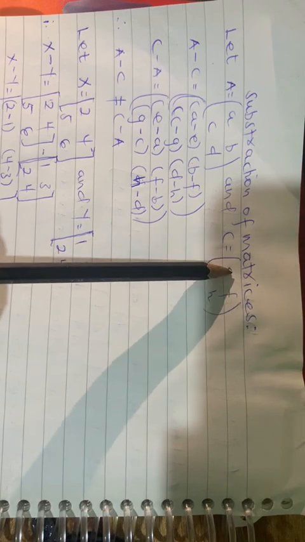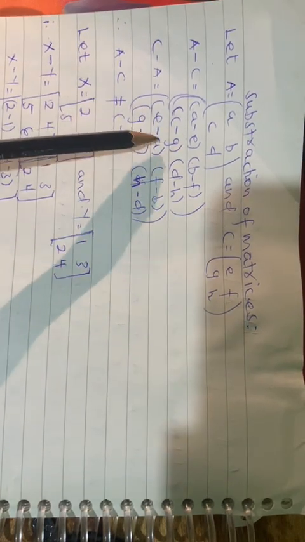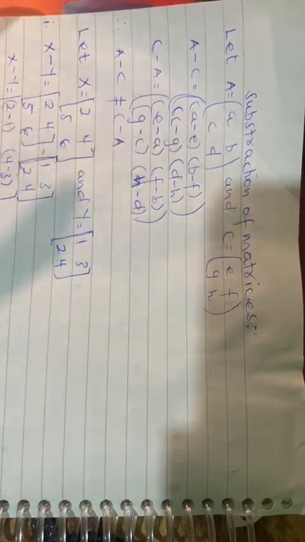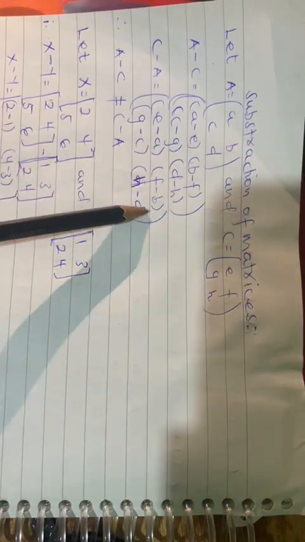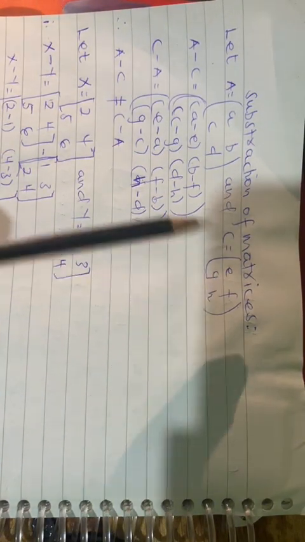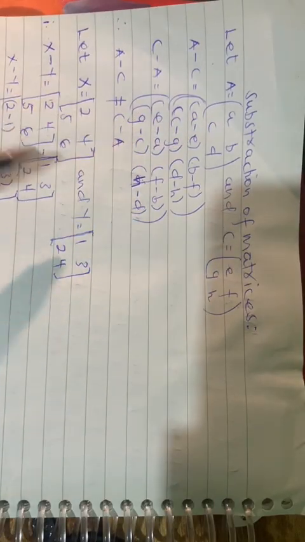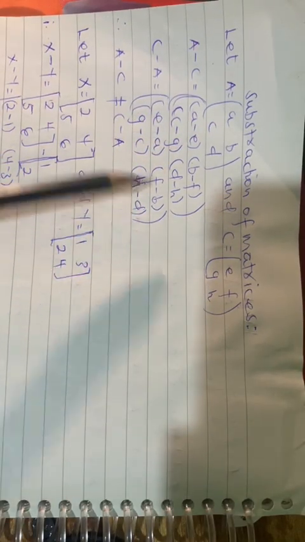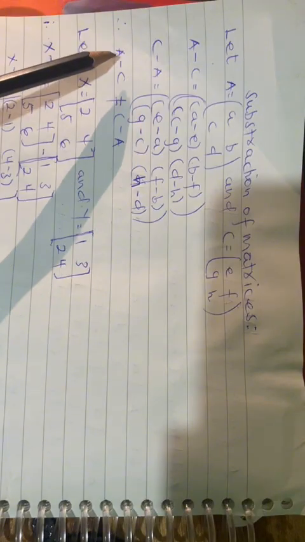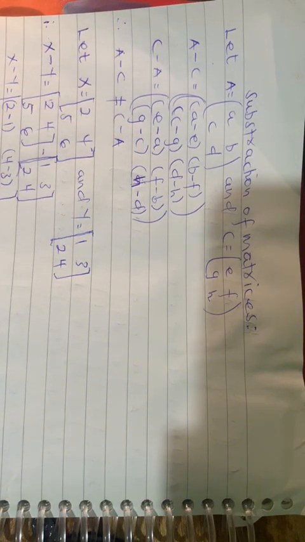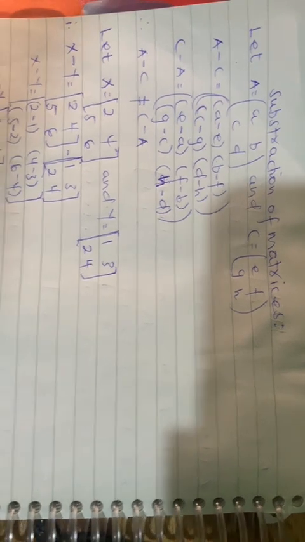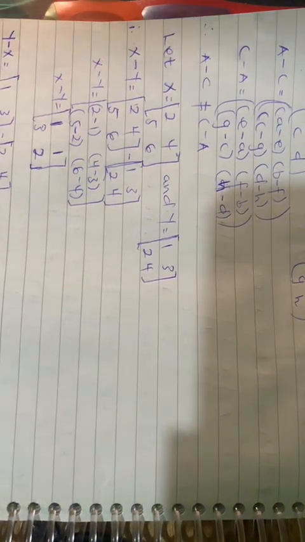The C starts with E. So E minus the first matrix is A. You're going to have F minus B, G minus C, and H minus D. So in matrices, A minus C is not the same as C minus A. Simply put, subtraction is not commutative in matrices.